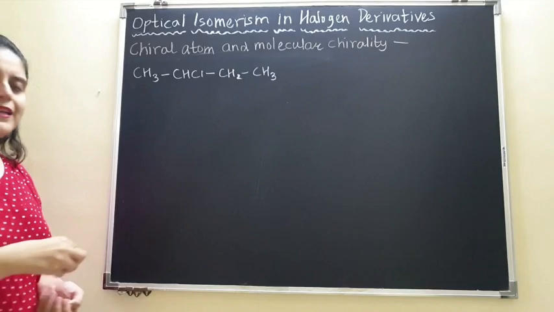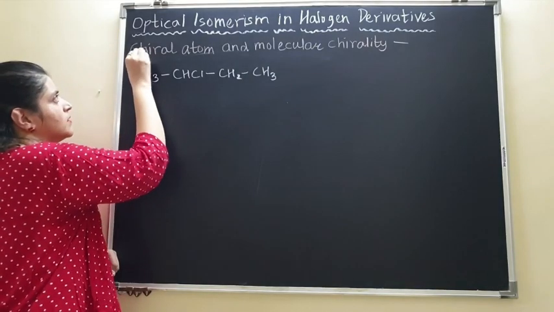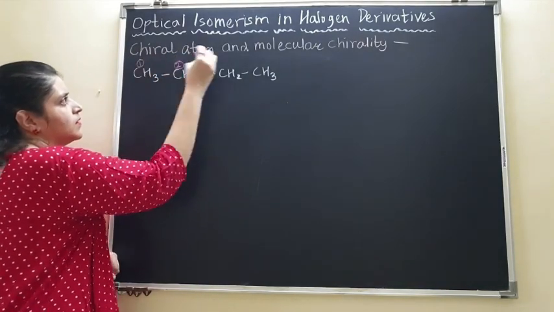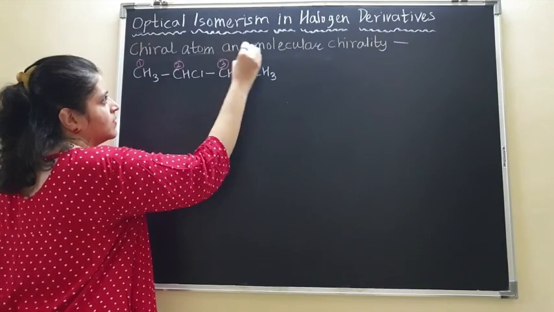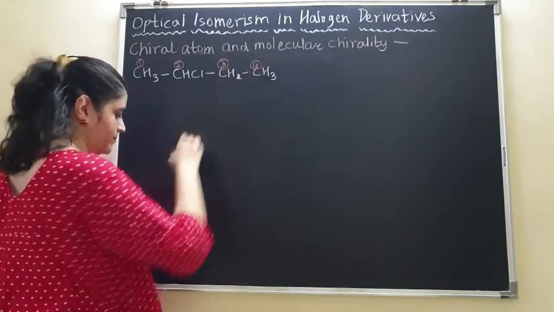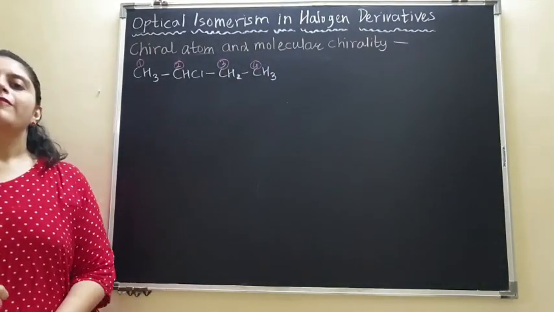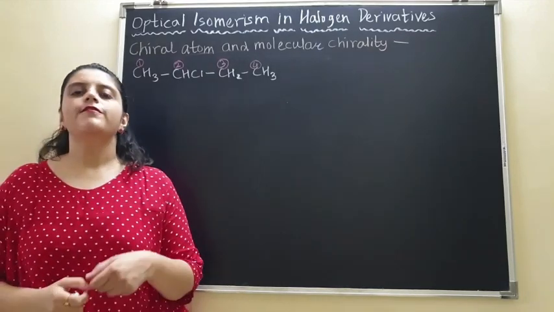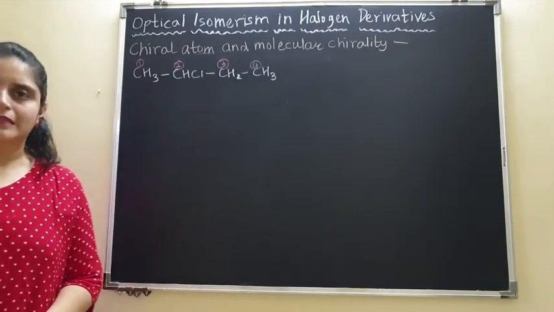Now let us number these carbon atoms. Now we are going to find out the different groups attached to each carbon.